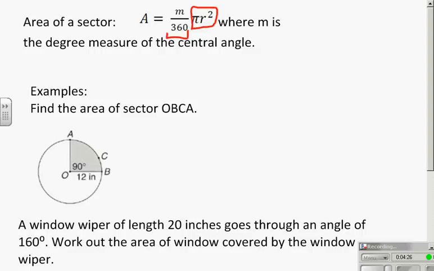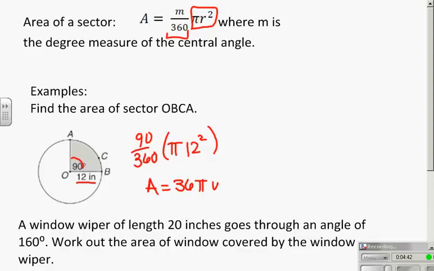The formula makes sense. It's very simple to apply. My central angle is 90 over 360 times the area. And when you work that out, you find out that your area is equal to 36 pi units squared, or approximately 113.1 units squared.